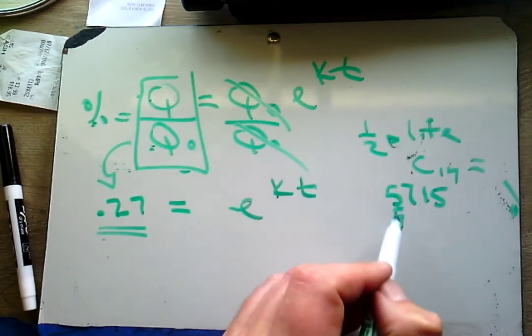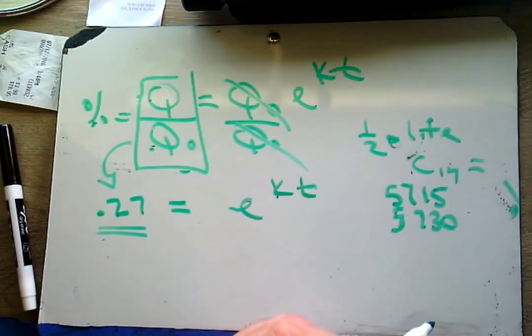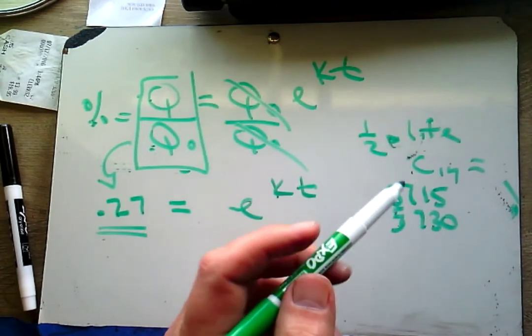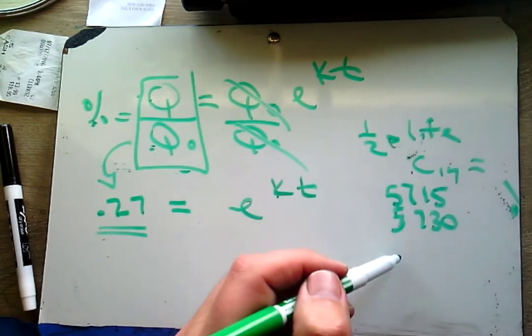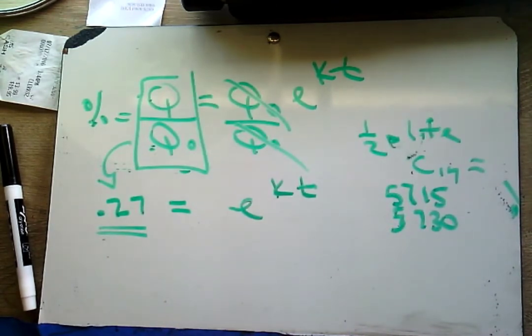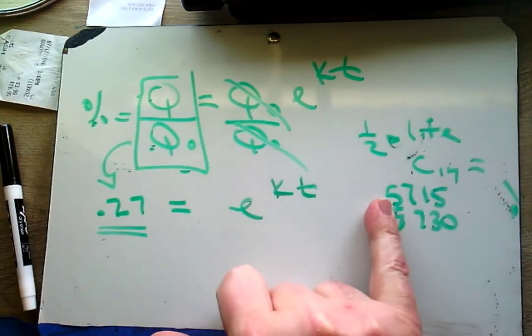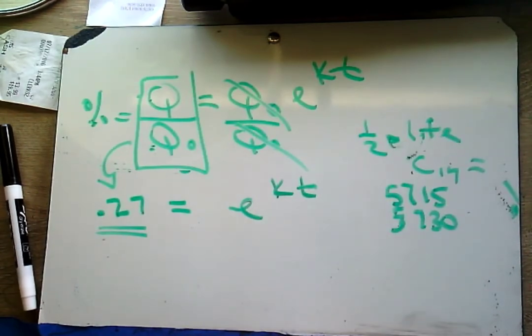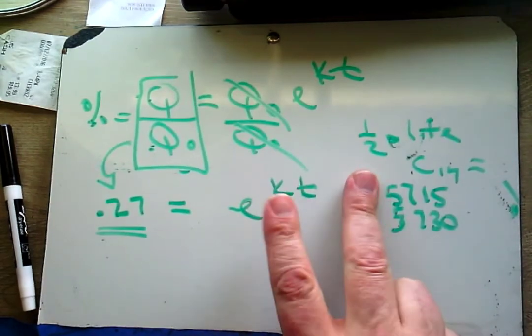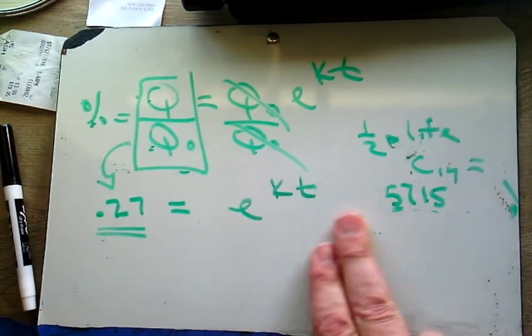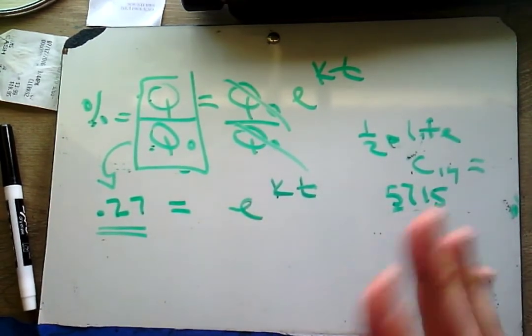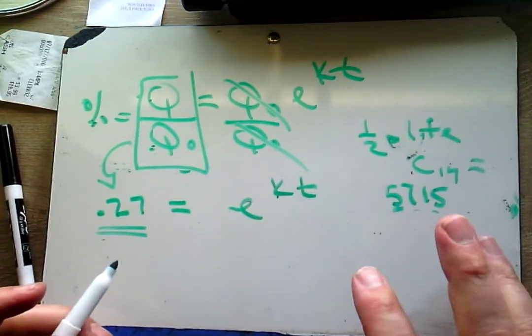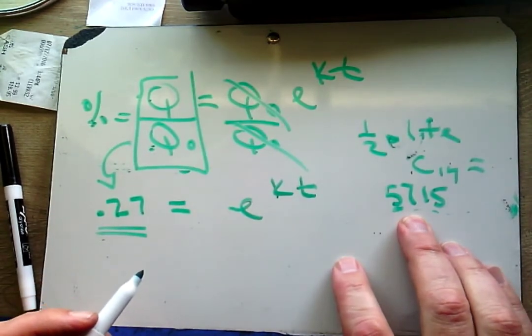I generally use 5730. The range is actually 5700 to 5730, and so, yeah, I can see why 5715 is kind of smack in the middle. So let's use 5715. I'm not going to use 5730, but yeah, after this problem, I'm going to use 5730. So this is my half-life time.